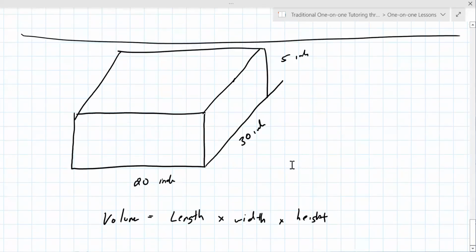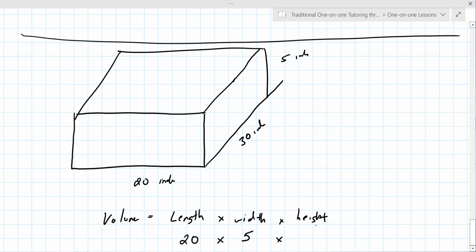Okay. So which number is the length? The 20. Okay. What is the width? 5. Okay. And what is the height? 30.